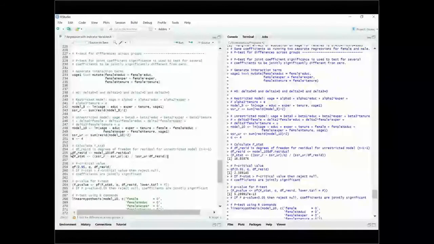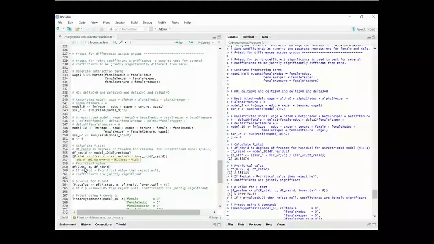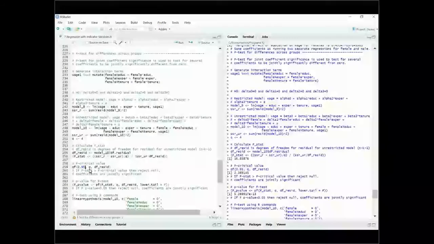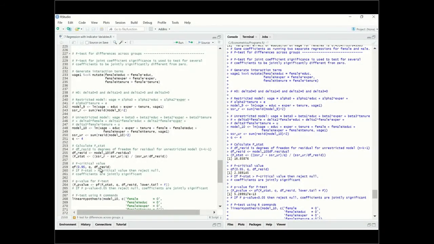We have everything calculated here, and this is the F statistic, 16.8. And then we have the F critical value calculated as qf for the F distribution at 0.95, which means the 5% significance level, with these being the number of restrictions and this being the degrees of freedom for the residual. This is the critical value that we have for the F critical value.